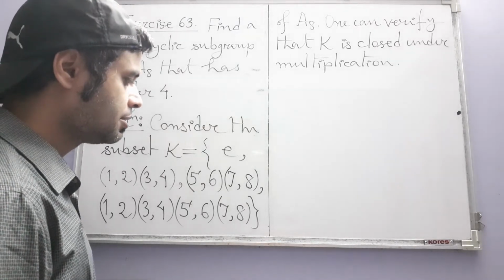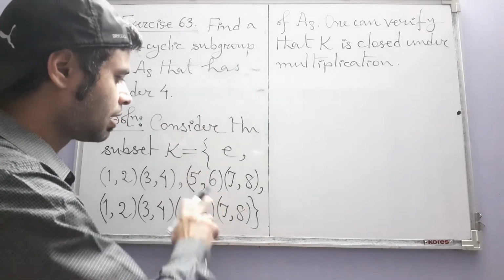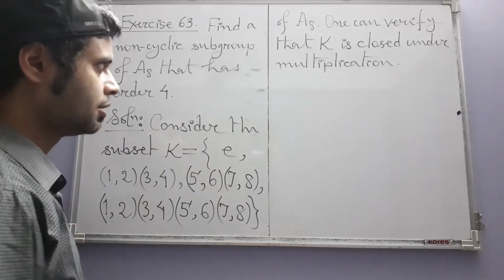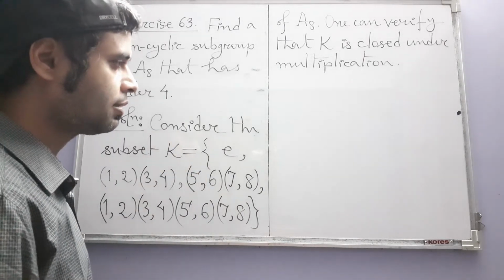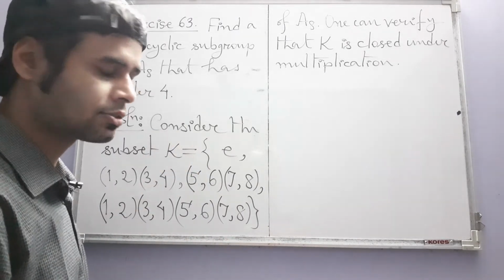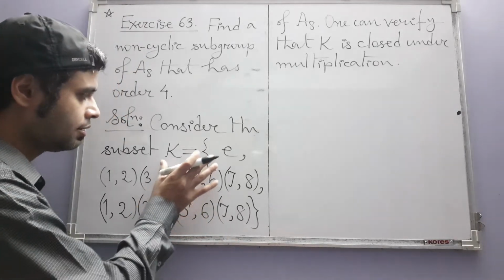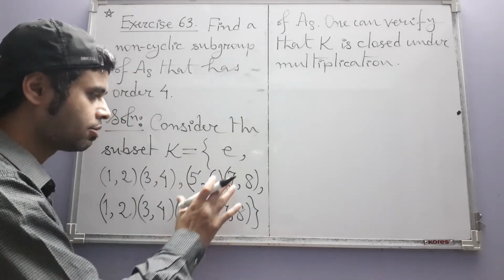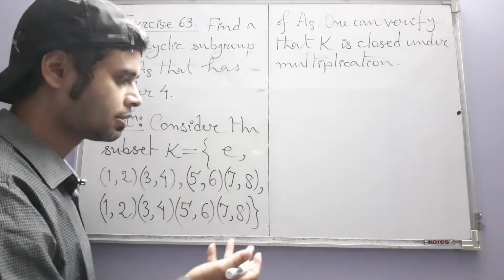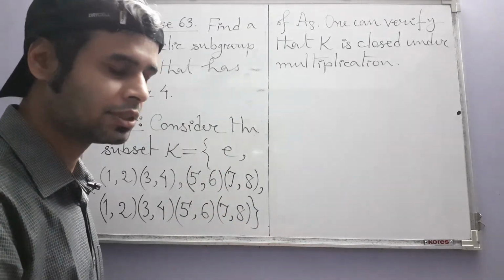Note that this is because we are working with a finite subset of the group A8. In fact, A8 itself is finite, so it's enough to see that the subset in question is closed under multiplication, or closed under the binary operation that you have in the group.